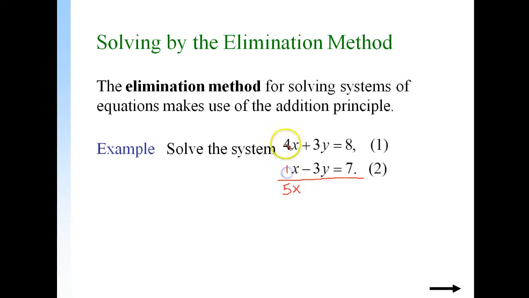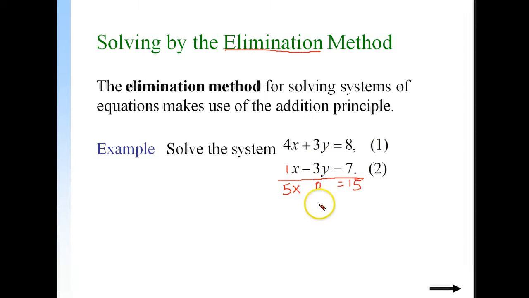Remember, there's a 1 there. This becomes a 0, and this becomes a 15. Now, I have eliminated one of the letters. That's what this method is called. Set them up in standard form and eliminate through addition, subtraction, one of the letters.